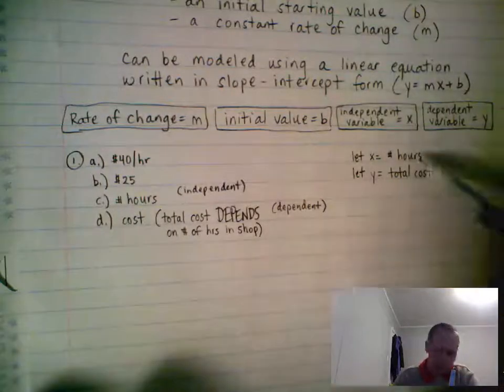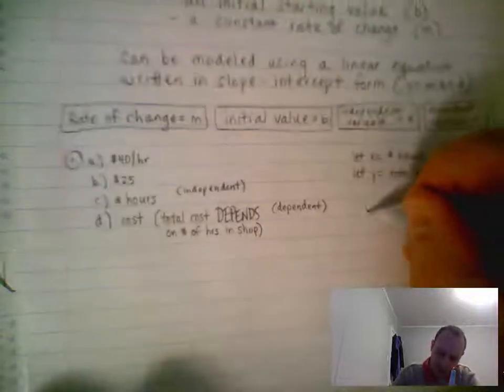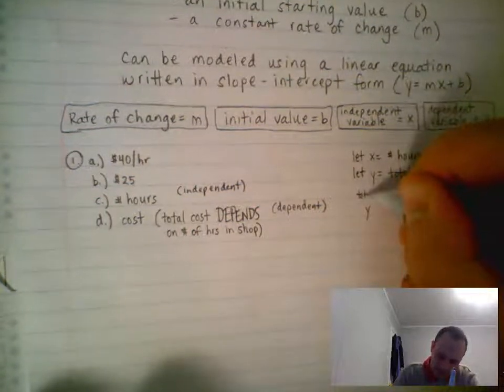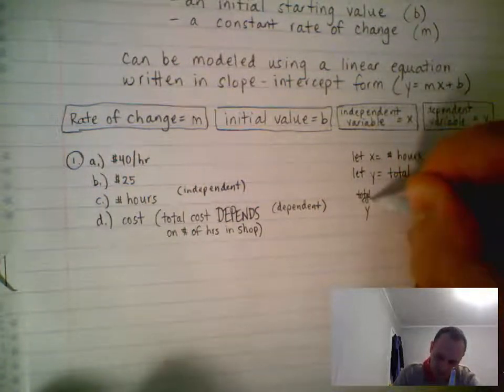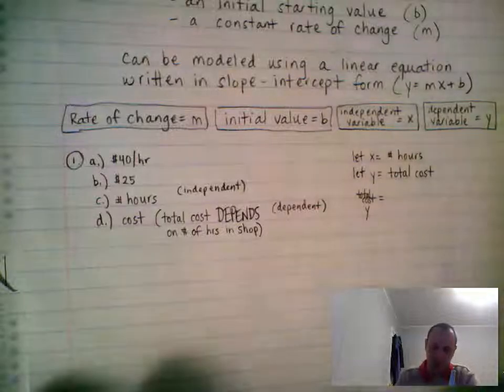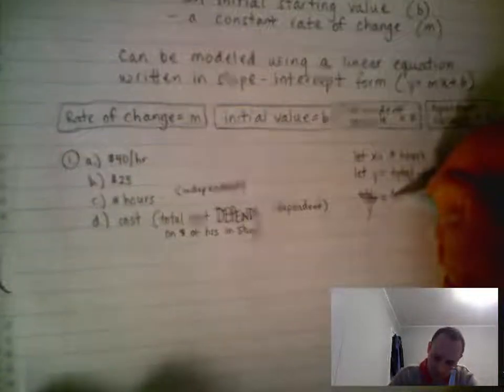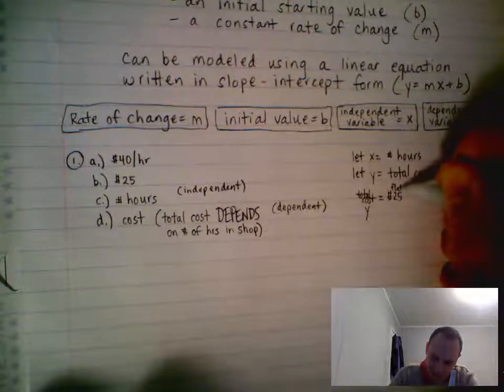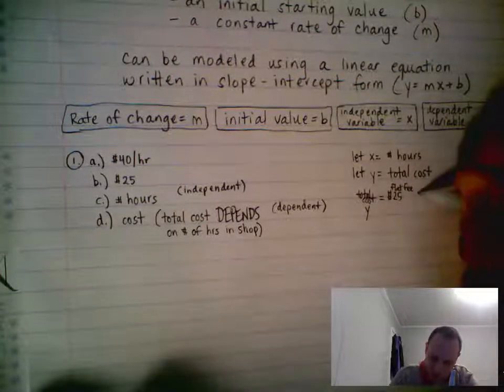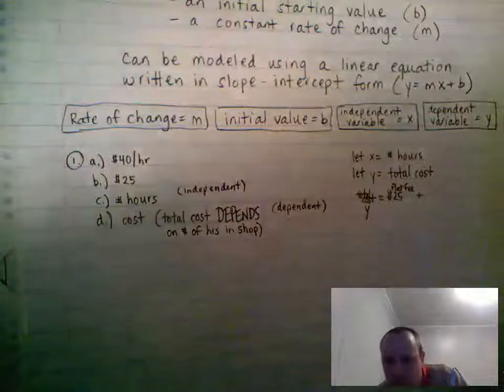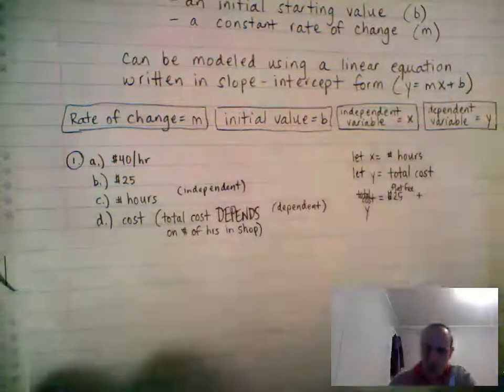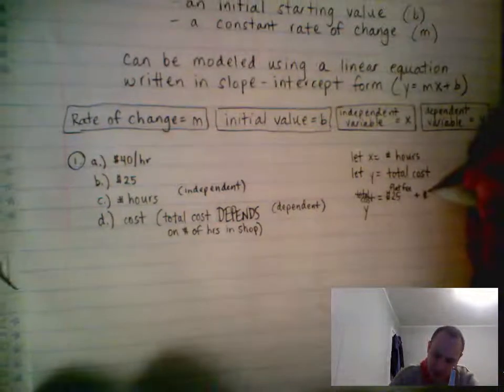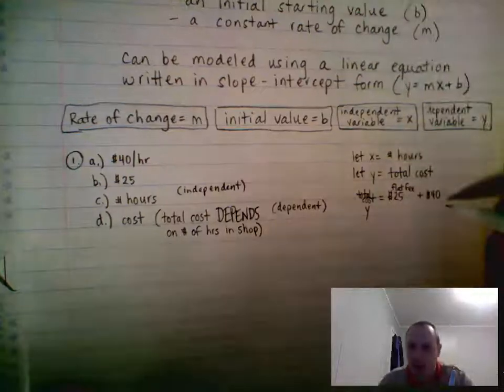Okay. So if you do that, then your total cost is going to equal the $25 flat fee plus what? Well, plus 40 bucks for every hour you worked.